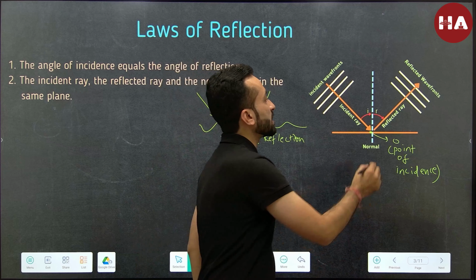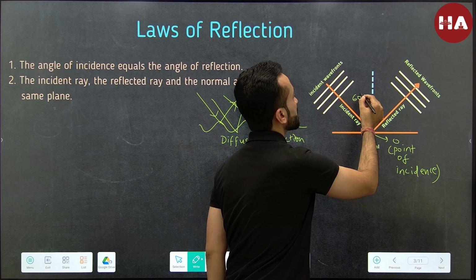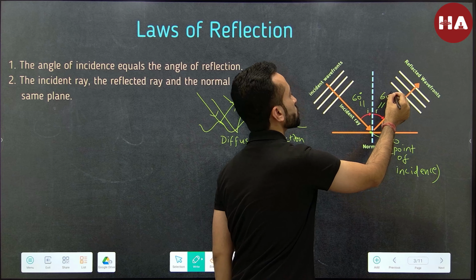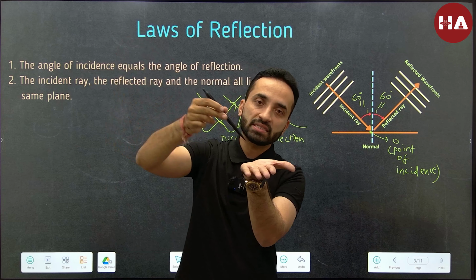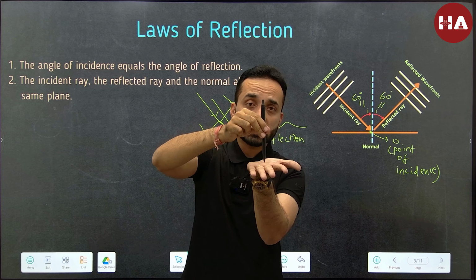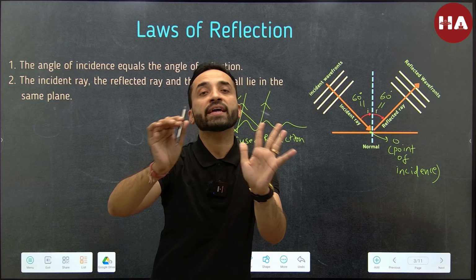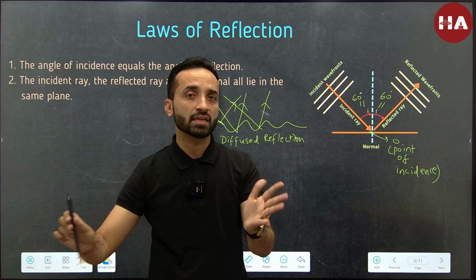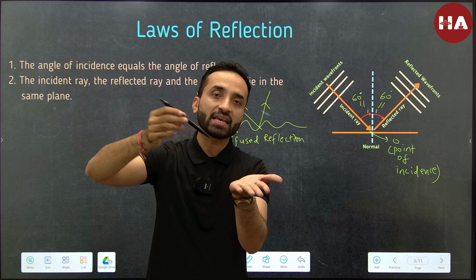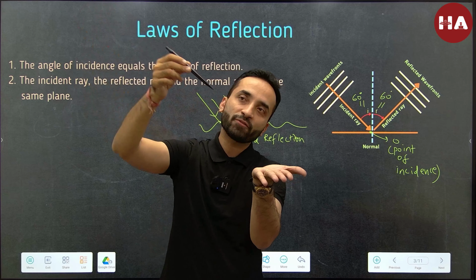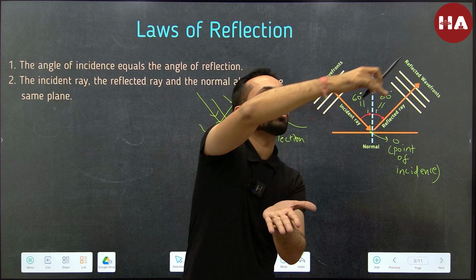For example, if I tell you that the angle of incidence is 60 degrees, then the angle of reflection also needs to be 60 degrees. But which ray? If this is the incident ray and this is the normal, you can have infinitely many rays at 60 degrees. So, how would you know which is the reflected ray? It is the one lying in the same plane. If light is coming from here, then the reflected ray has to go like this.